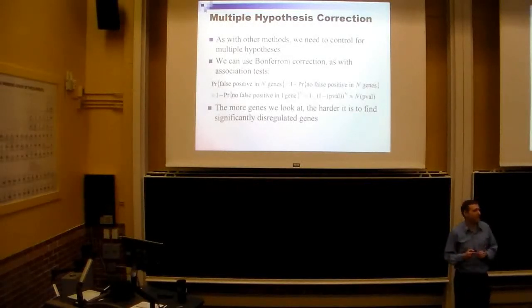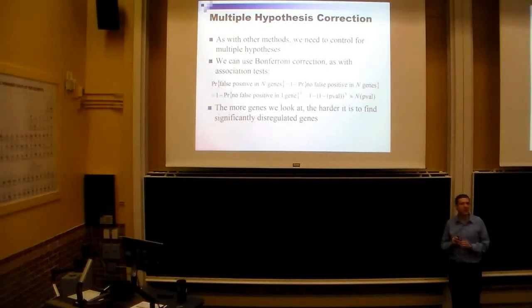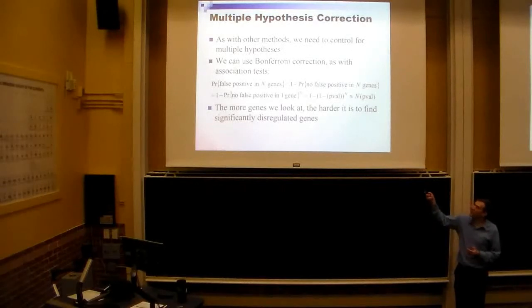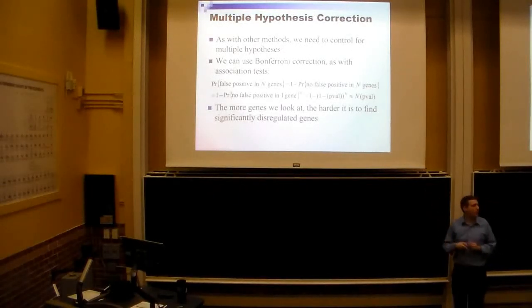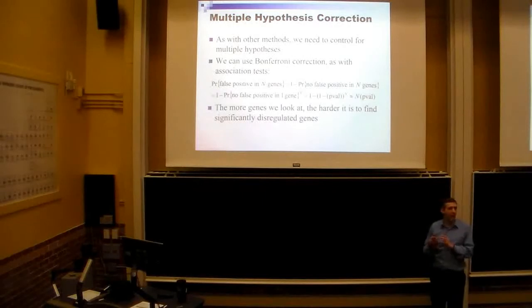Well, an obvious thing is look at fewer genes. If you can lower this n here, then you don't need as strong evidence for any particular gene because you're dividing your p-values by n. Often that would be done by using prior knowledge, so maybe we have some prior reason to believe that some genes are relevant, and we can do a candidate gene study rather than looking at everything.